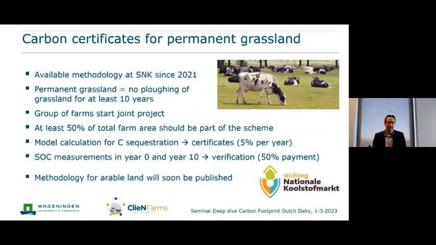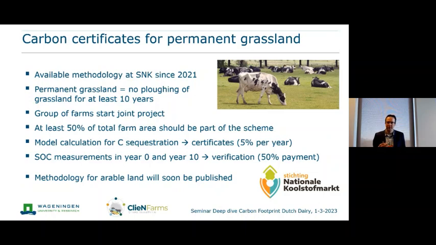With the model, we calculate what is the potential sequestration over this period, and the farmer receives then every year 5% of the payment for the certificates, and at the end he can receive an additional 50% if it's verified. And in that way we do a measurement.